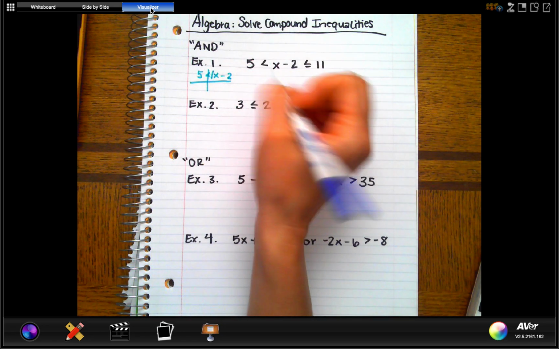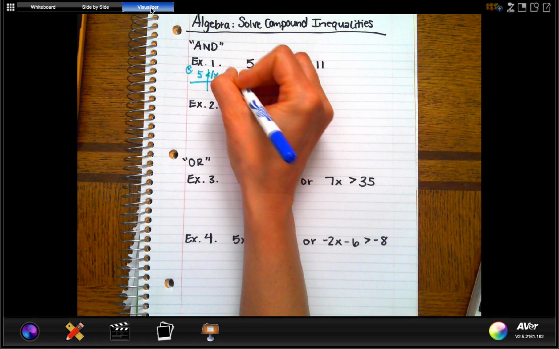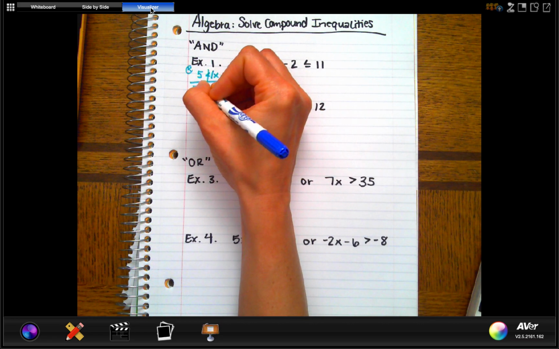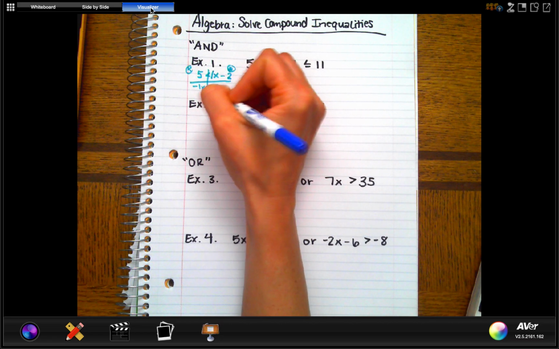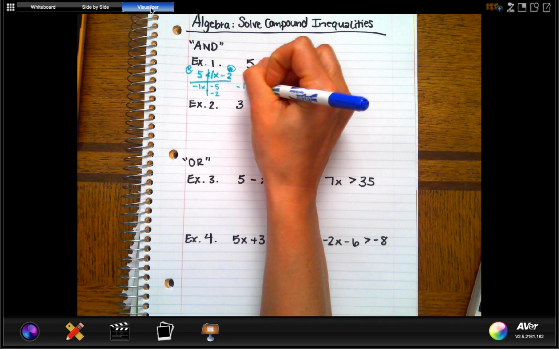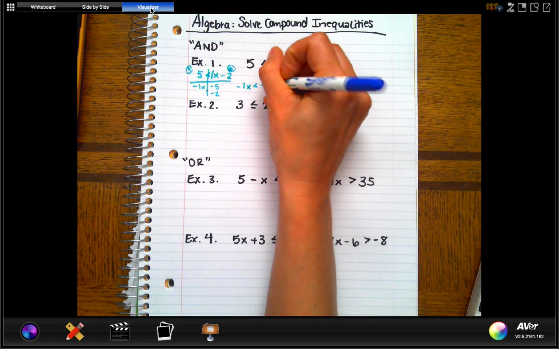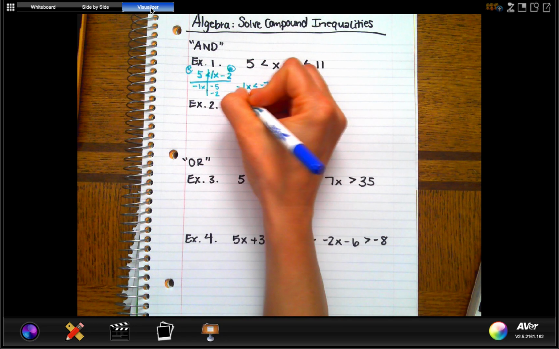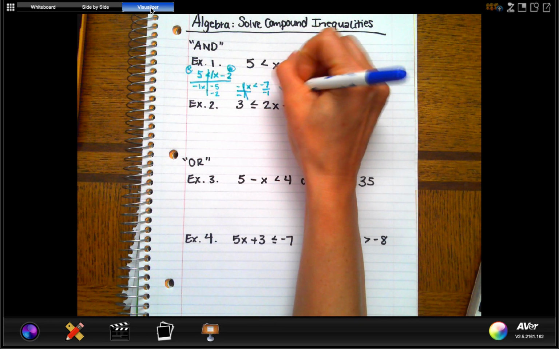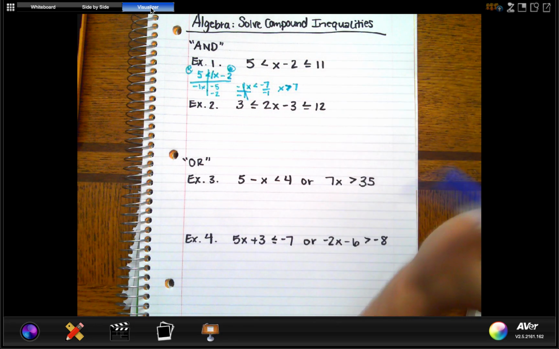The x's go on the left, numbers go on the right. 5 will become negative, 1x becomes negative 1x, and negative 2 comes down. So we end up with negative 1x, keep your inequality the same way, is less than negative 7. We're going to divide here by negative 1, so x is greater than positive 7. We had to flip that inequality because we divided by a negative.